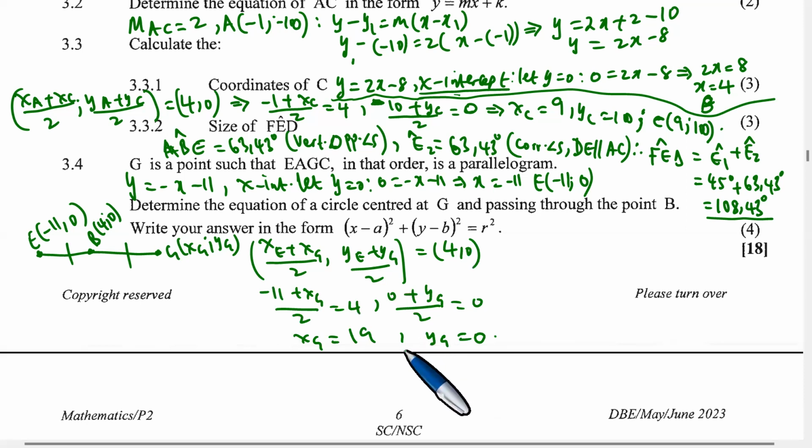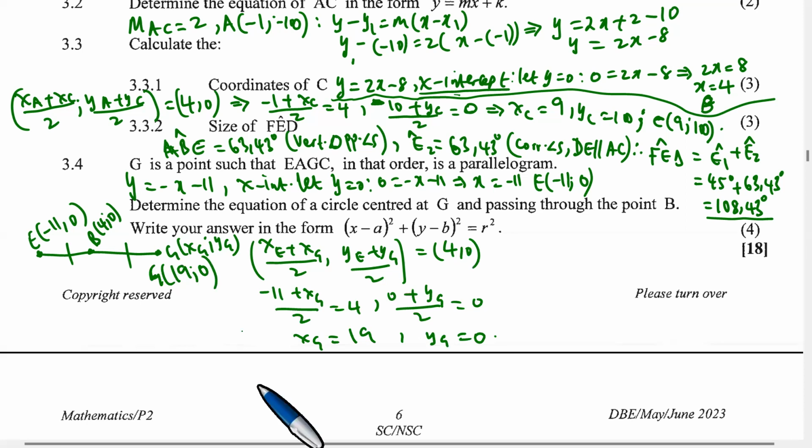This is capable of giving us the coordinates of the point G. So the coordinates of the point G will therefore become x first, 19, and y 0.